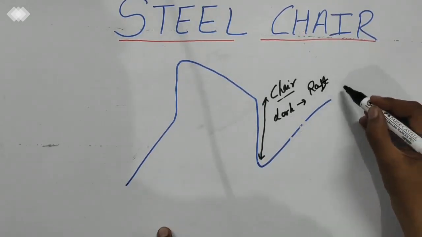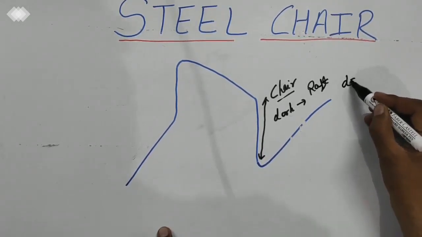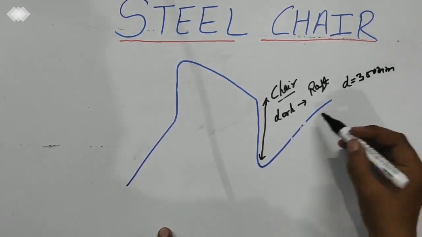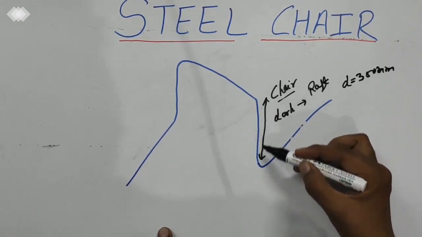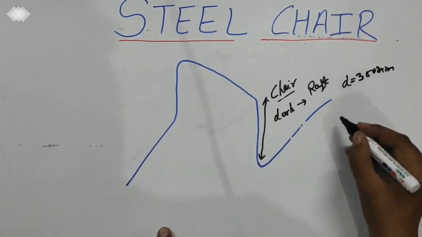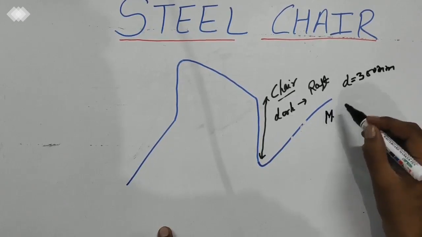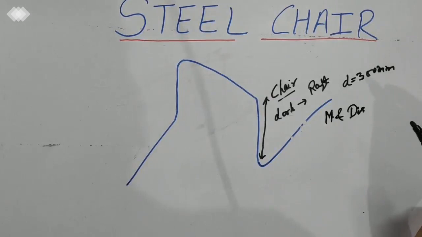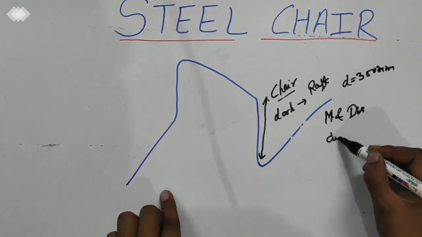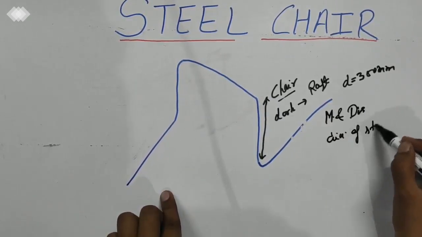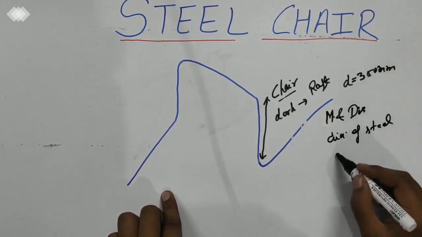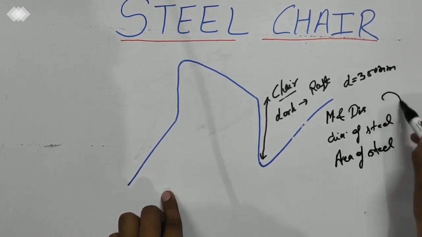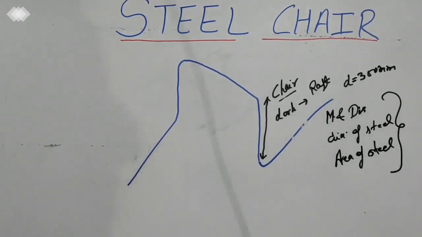So for example, if we are taking 300 mm, the height of this steel reinforcement we take accordingly, the main and distribution bar and the dia of steel and the area of steel. These three factors matter.